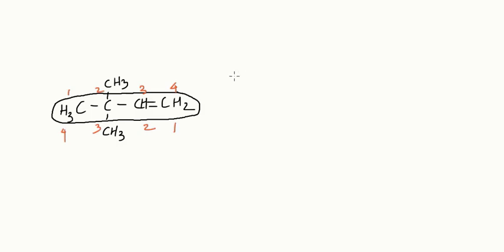Now I'm just writing here for double bonds and for the methyl groups. In the first one, the double bond is between 3 and 4, so the number we'll be getting for the double bond is 3, and the methyl groups here are on the second position. For this one, the double bond is between 1 and 2, so it would be getting 1, and the methyl groups are on the third.